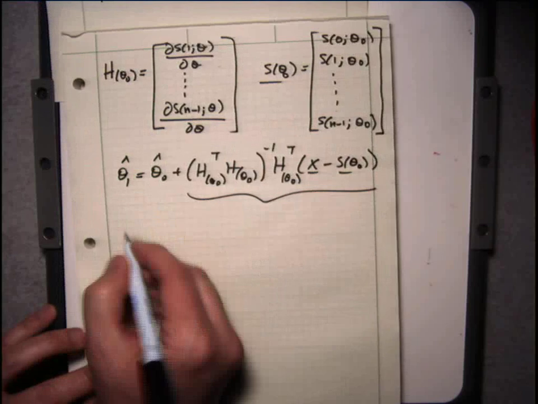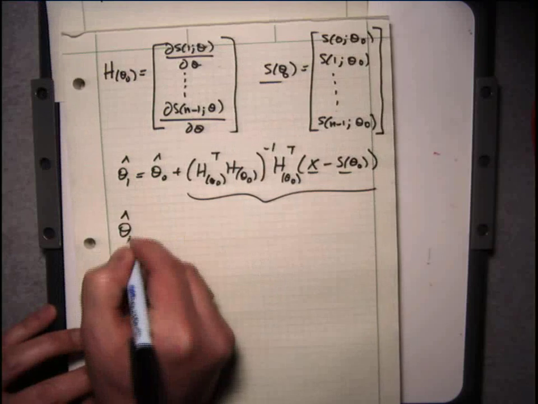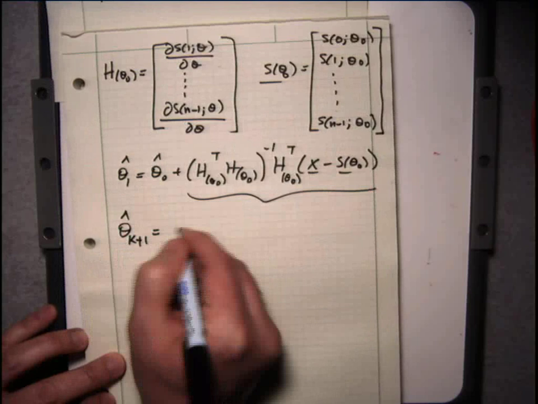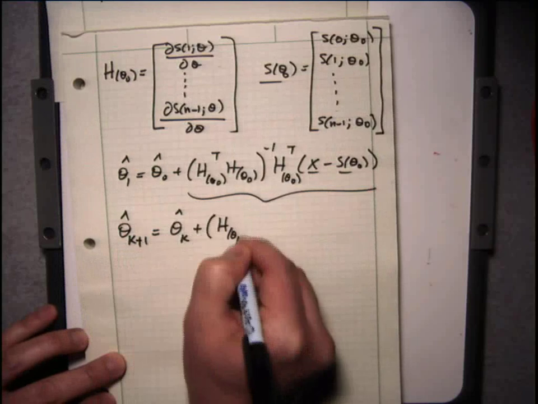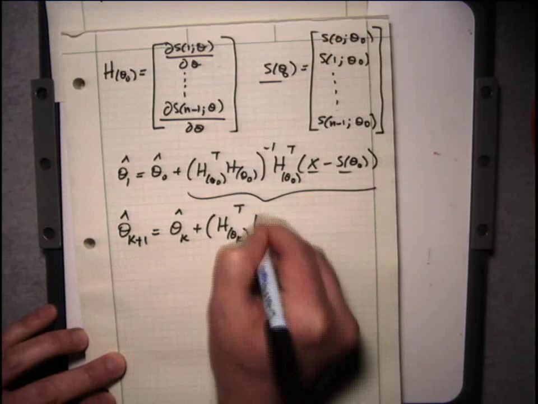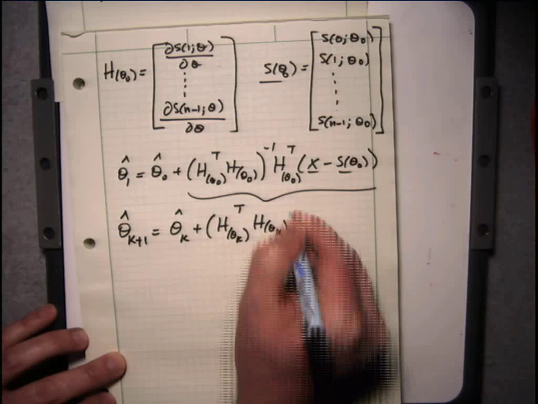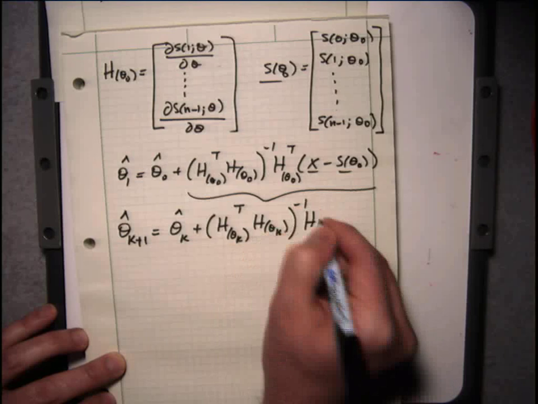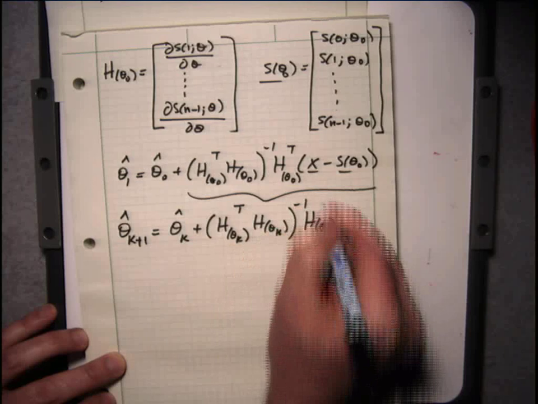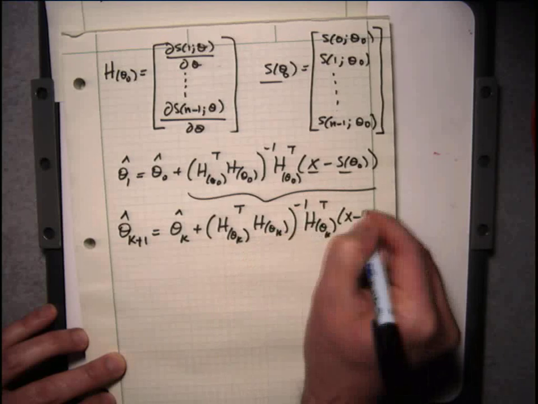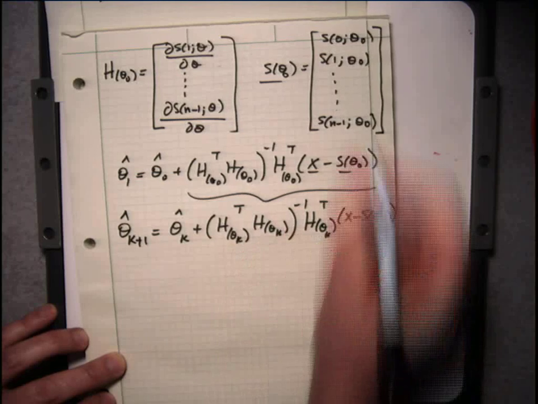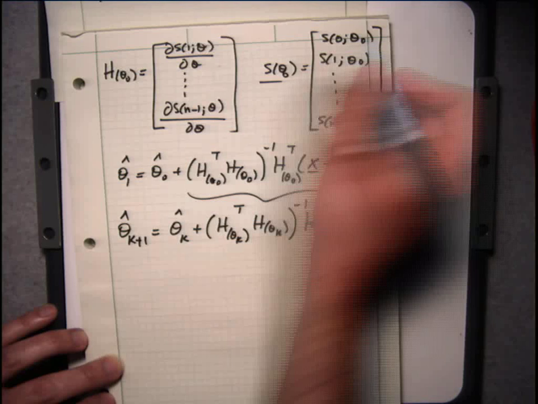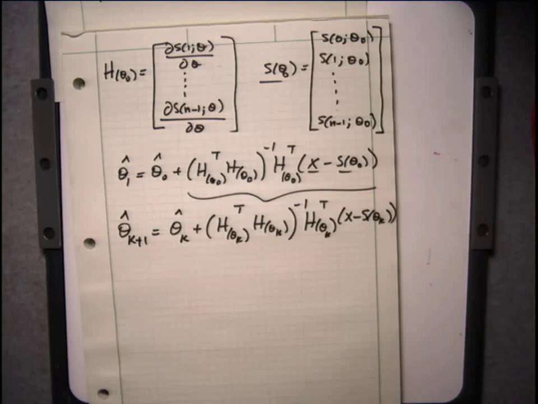So in general, theta hat k plus 1 is theta hat k plus H of theta k transpose H of theta k inverse, H of theta k transpose, times x minus s of theta k. And this s of theta k is defined in the same fashion as these.